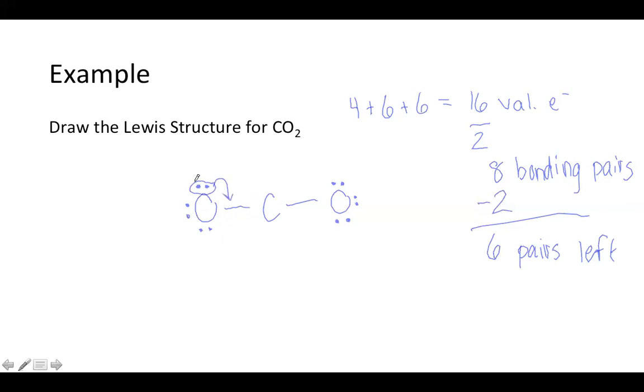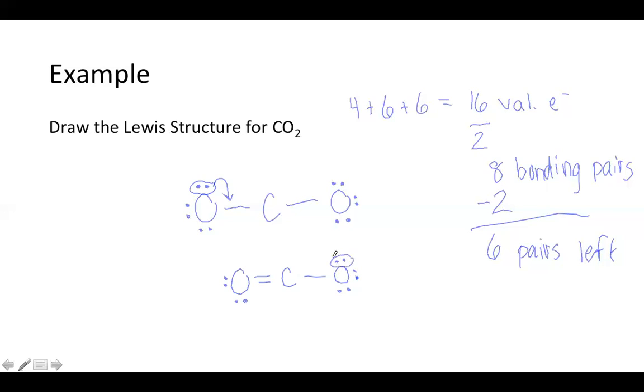If the left oxygen donates one of its lone pairs to make a double bond, now the central carbon has 2, 4, 6. So it's still not satisfied. So how about we do the same thing to the right oxygen?